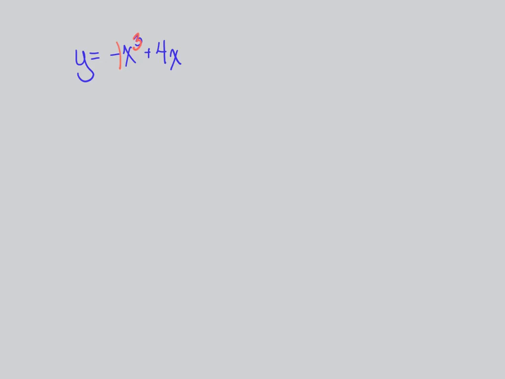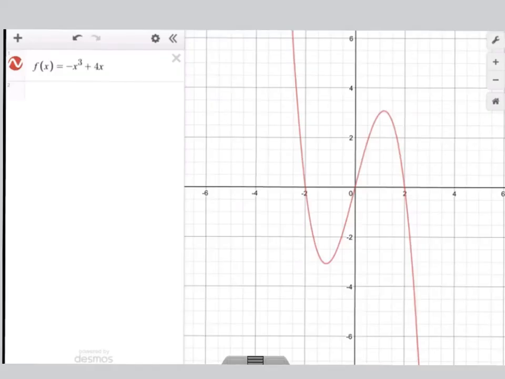So is my end behavior going in the same direction or opposite? Opposite. And it's going to be with a negative slope. So you can think about that as kind of a negative movement.